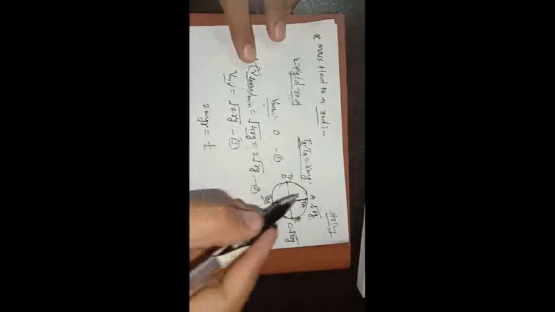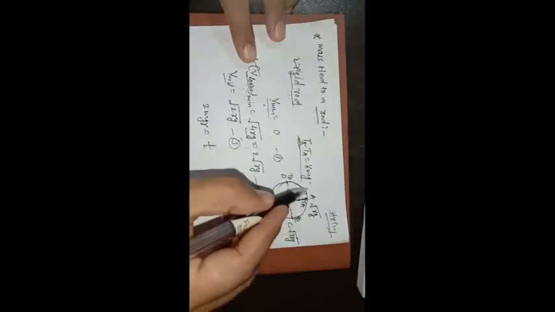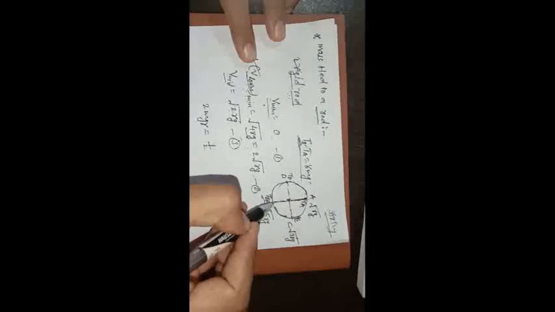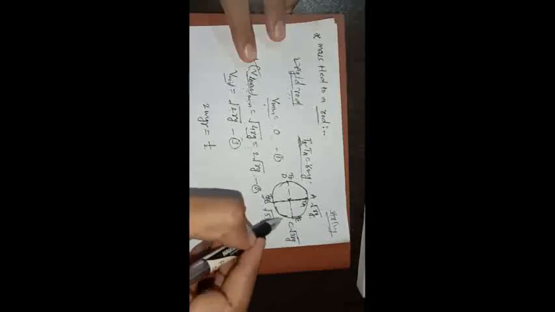When we move from A to B, potential energy is converted into kinetic energy, and from B to A, kinetic energy is converted into potential energy. The maximum potential energy is at point A, and that change in potential energy is nothing but the change in kinetic energy. So we can write 2mgr is equal to half m vB square minus half m vA square.